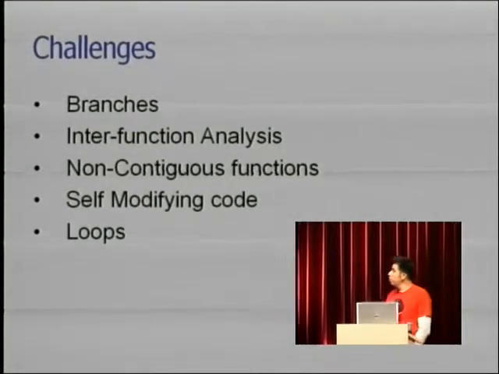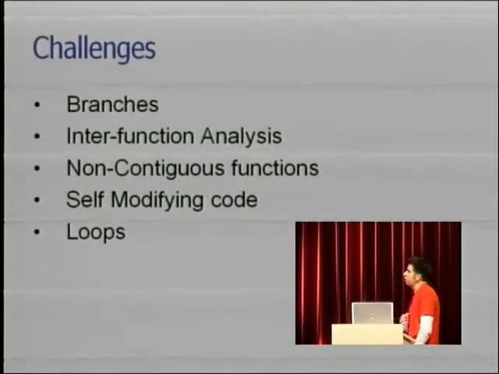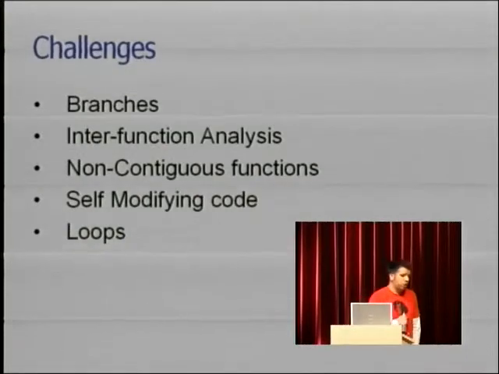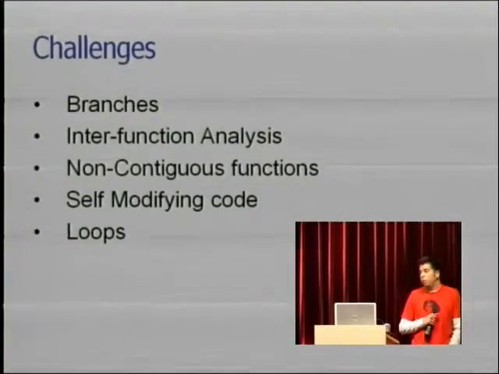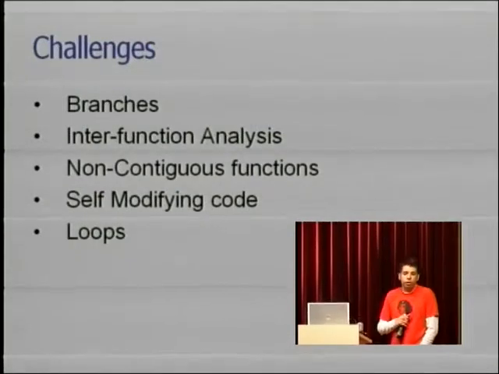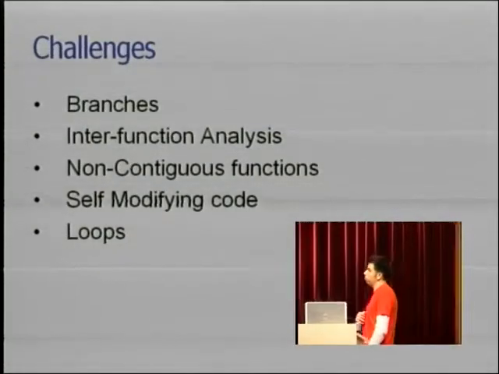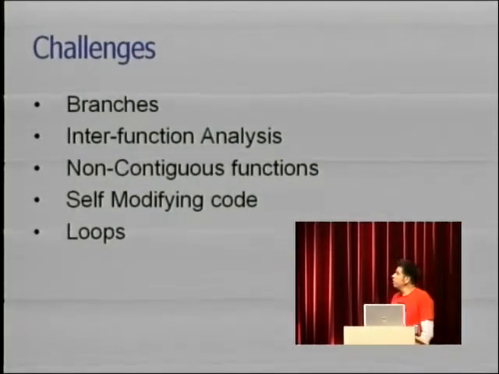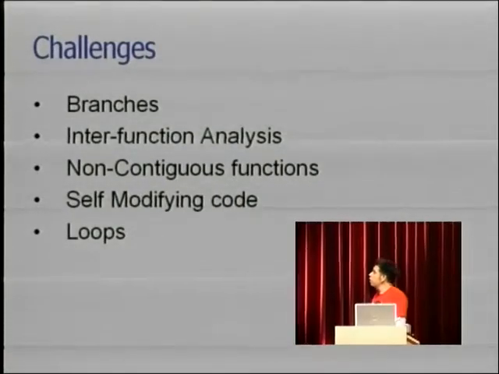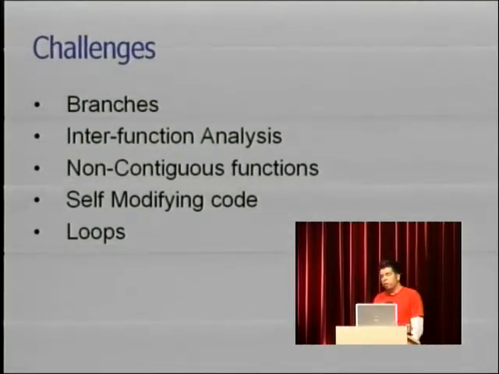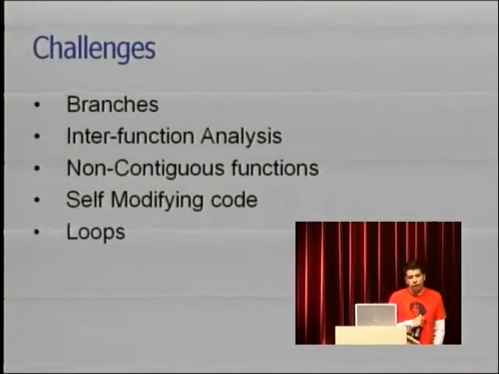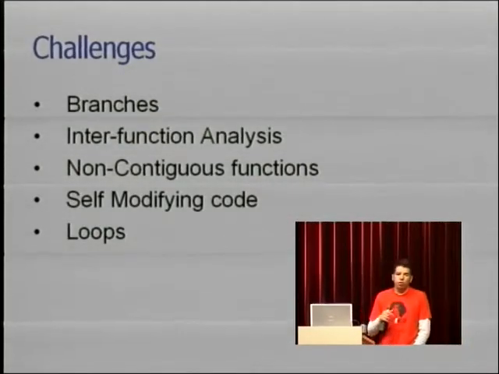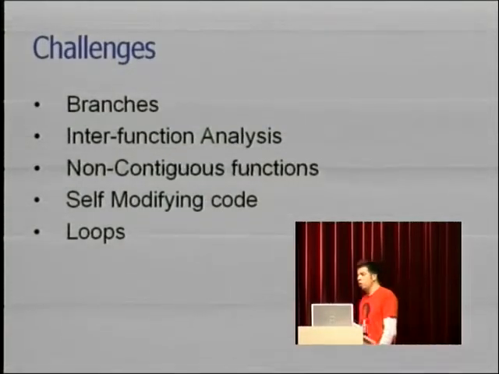Something else that can be a problem is self-modifying code, which we don't really care about because we're looking for vulnerabilities in vendor software, and I don't know any vendors that I want to own that use packers or self-modifying code. Usually it's just straight code. And something else that can be a challenge is loops. Loops sometimes can be difficult because it requires a bit of an algorithm to analyze if it's going to overflow something, if it's a bounded loop, if it's an unbounded loop.